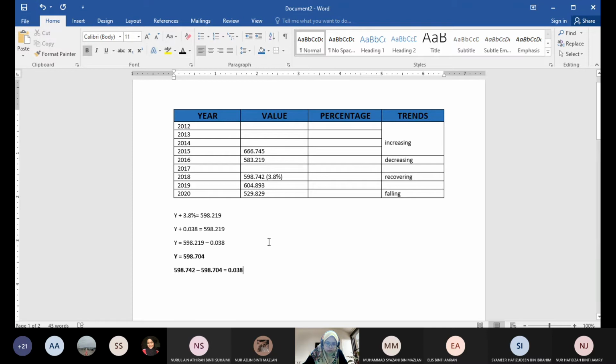Kita tukar pada percentage, dia akan jadi 3.8% lah. Okey tak? So betul lah dia meningkat 3.8%.